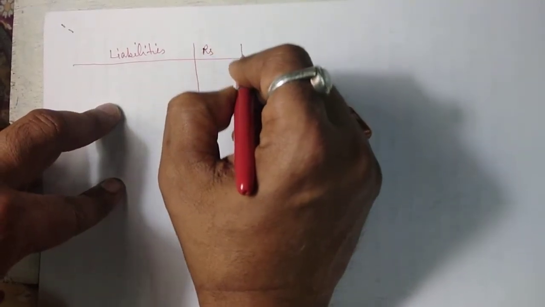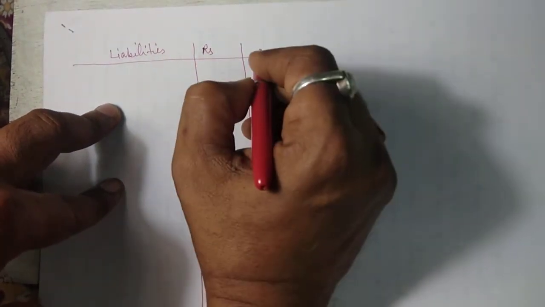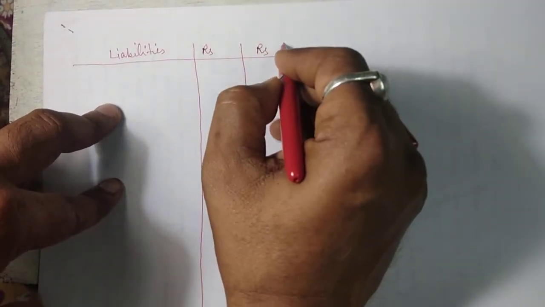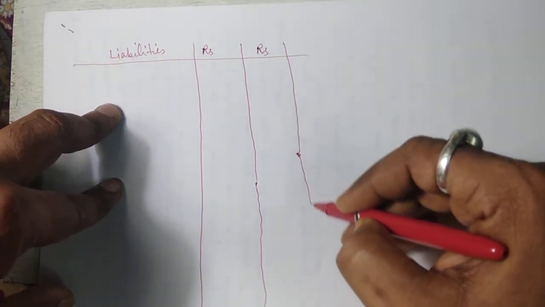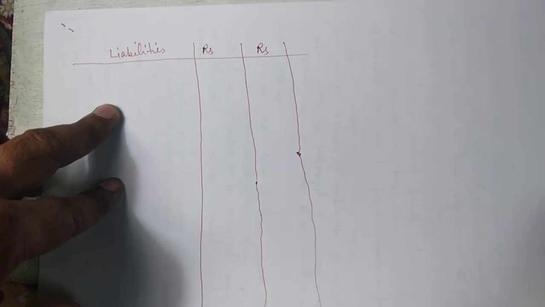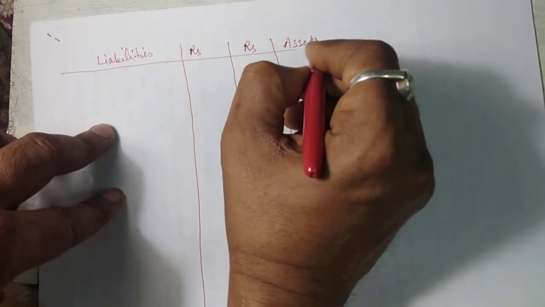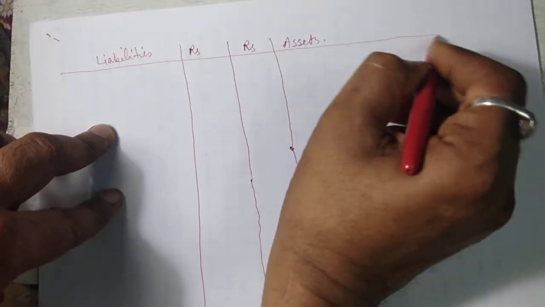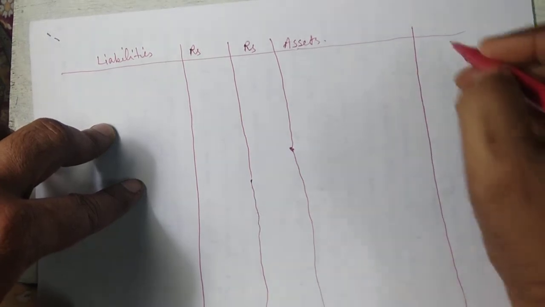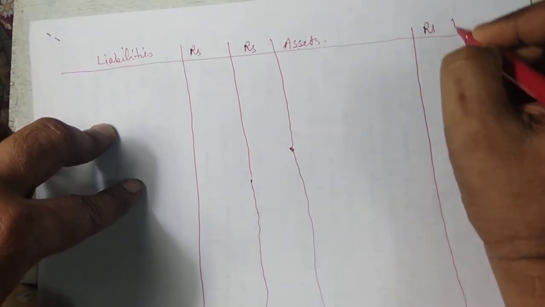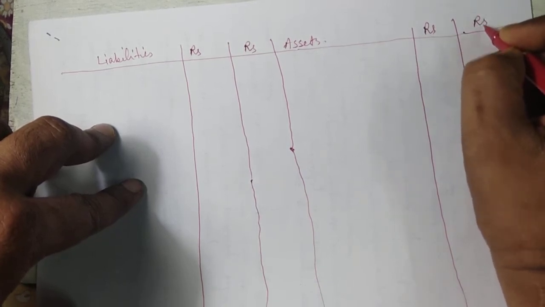There will be two columns, one for adjustment and one for final entry. Then there will be assets, with rupees for adjustment and the final column.